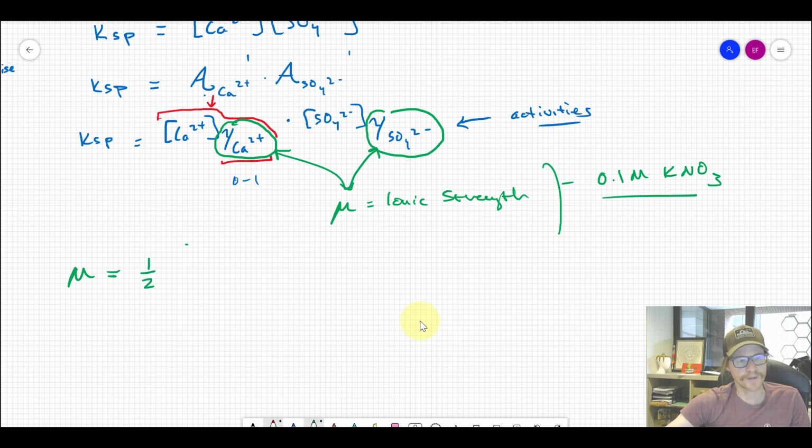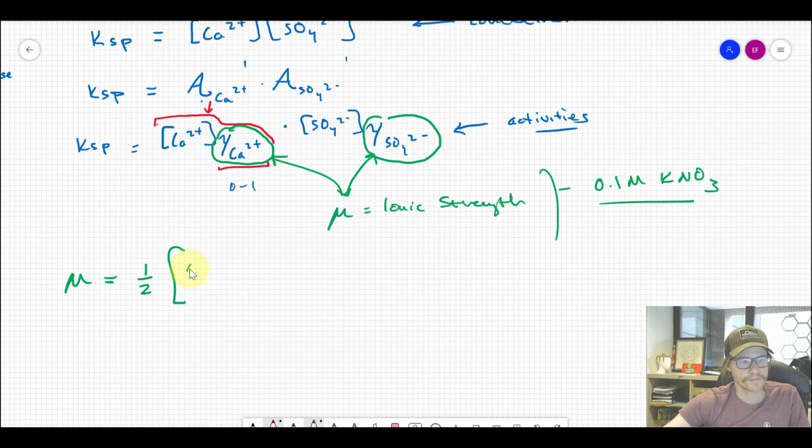So again, using that expression, that's going to be 1/2 times 0.1 molar potassium, because this is going to break apart into potassium ions and nitrate ions, each at 0.1 molar.